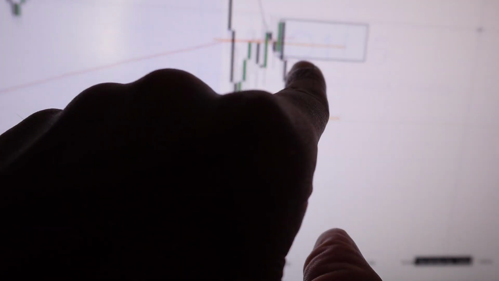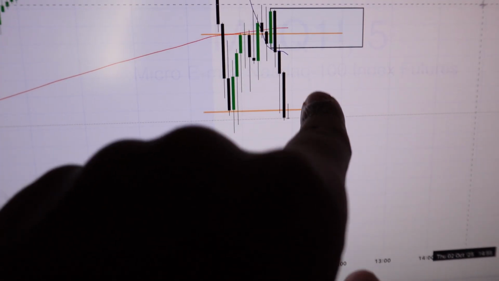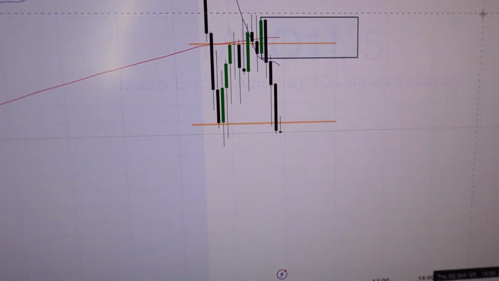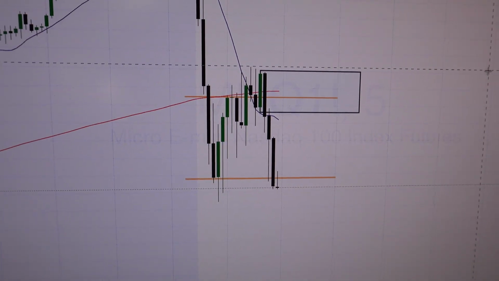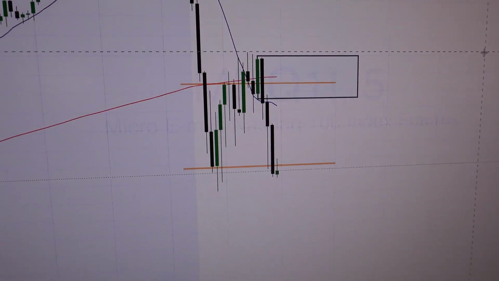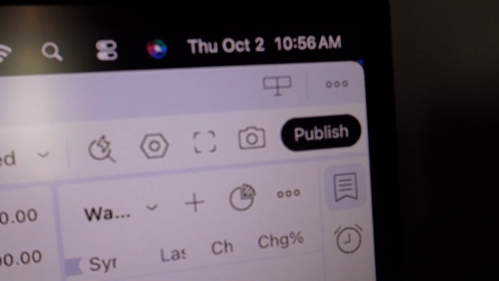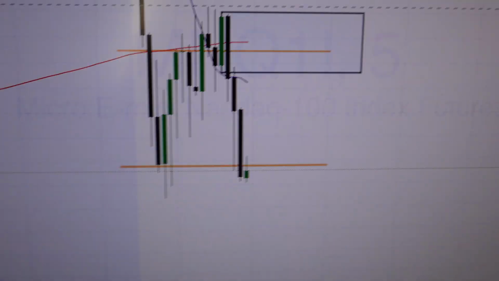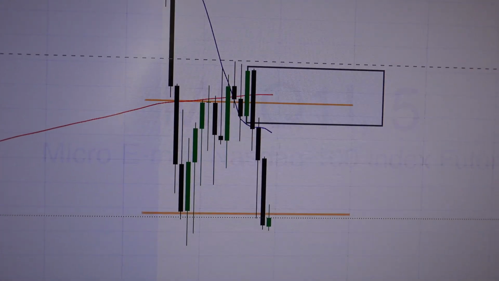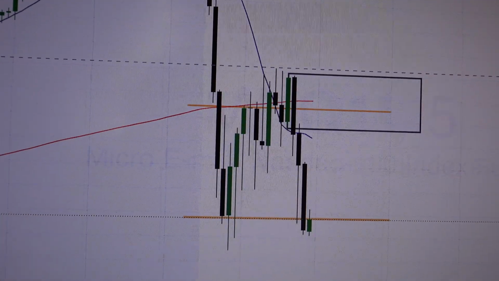Price could tap, come down, but then shoot back up and start ranging again and mess up the whole game plan. Either way, my trading session will be done in 4 minutes. At 11 o'clock I'm done trading. I don't care if price hits my zone. I'm done trading for the day. 11 o'clock, man, clocking out.